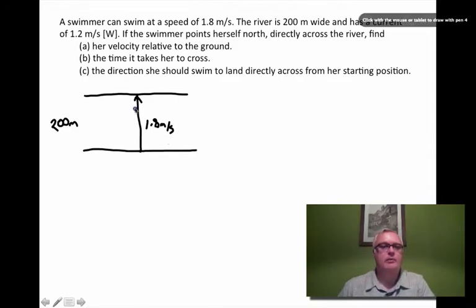Now, the problem is the river itself is moving west in this direction at 1.2 meters per second.